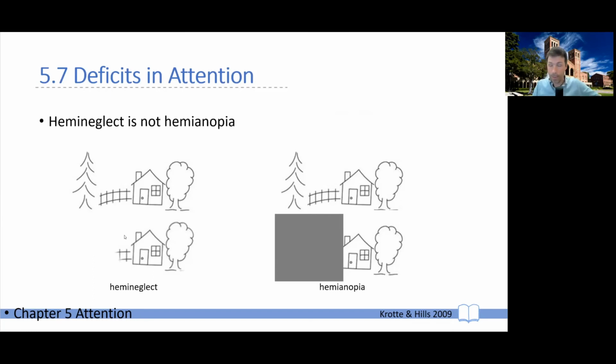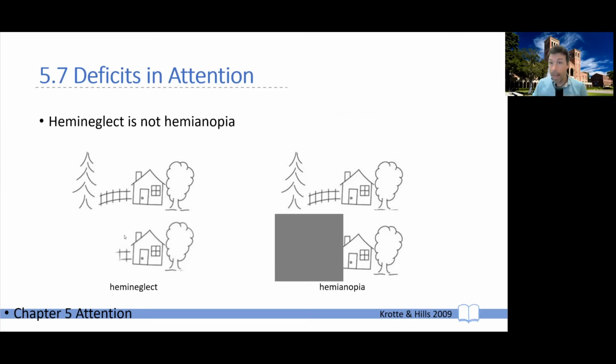There's nothing to that side. Their visual world, in terms of their awareness of it, if it's egocentric, seems to go from the middle and extend towards the right. They don't even realize that they have an impairment unless somebody tells them.